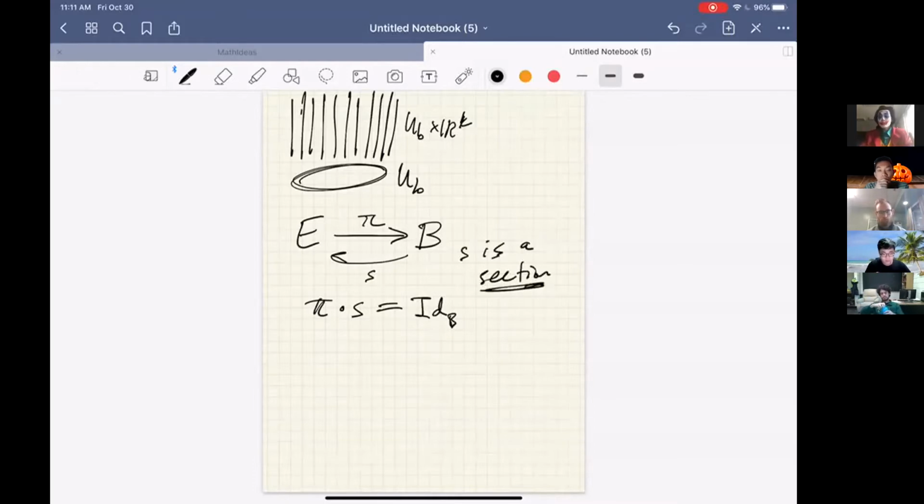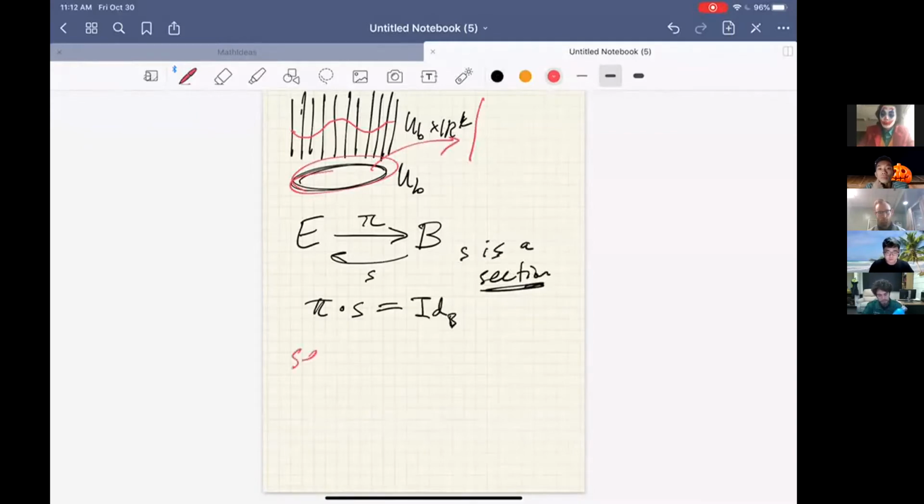Now, what does a section look like on a local trivialization? This is the second ideological point I'd like to emphasize. So a section looks like the graph of a function from UB to the fiber RK.